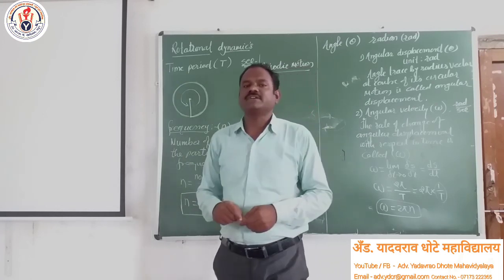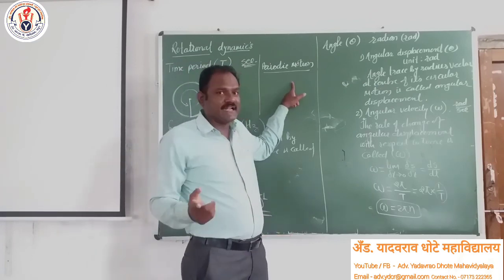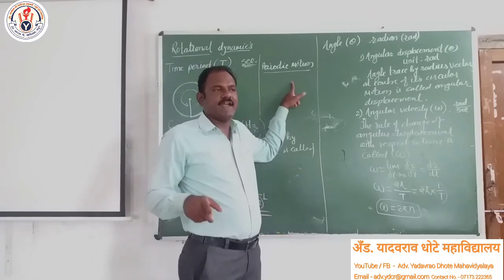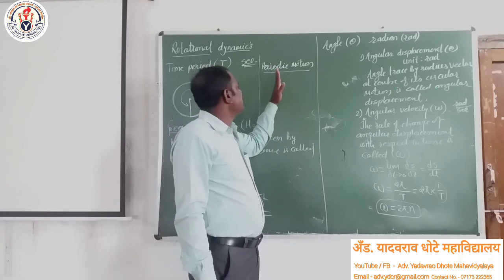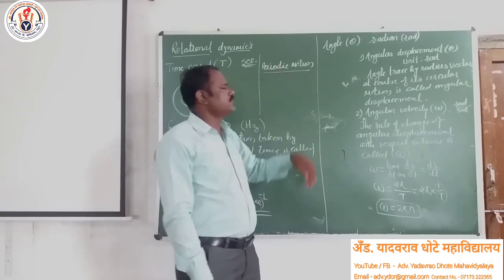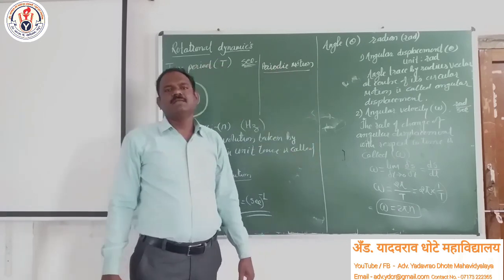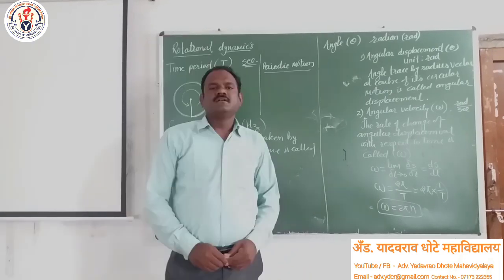So such motion is called the periodic motion. It means the particle repeats itself after equal interval of time and after equal path. So what is the periodic motion? It is a repeating motion of a particle, called the periodic motion.